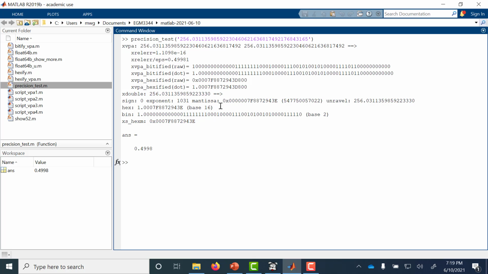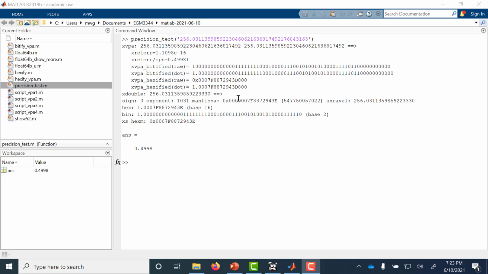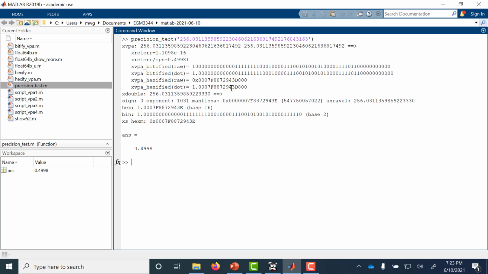Let's look at what the hexified VPA looks like. So it is 1, and then towards the end we have a 43D800. That 800 is going to want to round up.